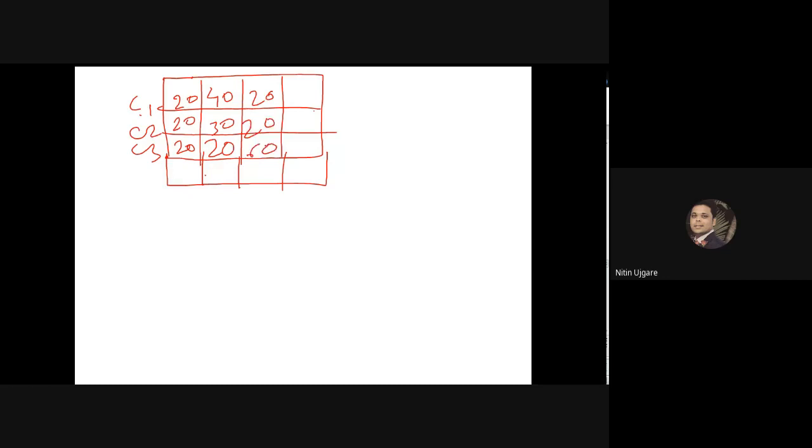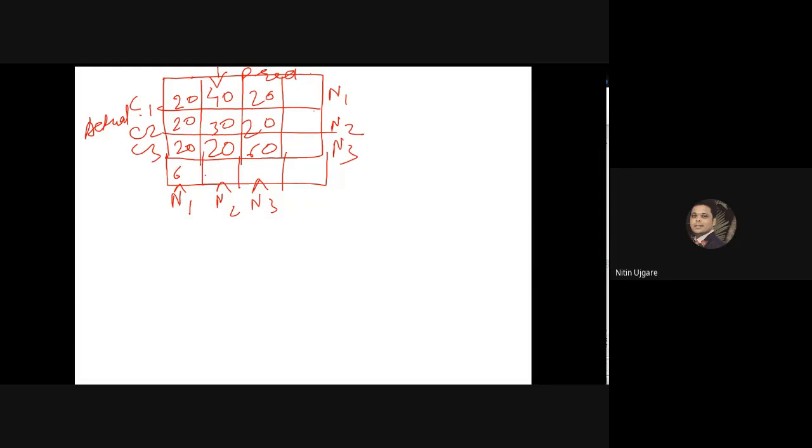We know that this column is the prediction and these are the actual classes. So we'll represent N1 cap, N2 cap and N3 cap, the totals of these columns, and we'll also represent N1, N2 and N3, the sum of each row.